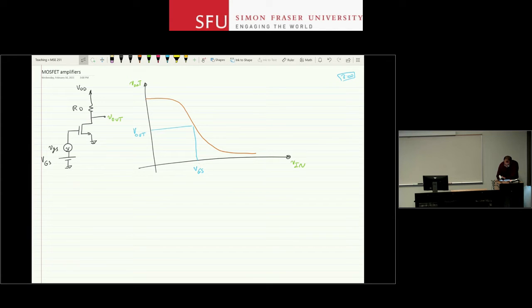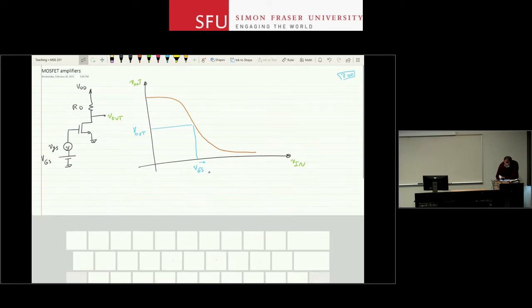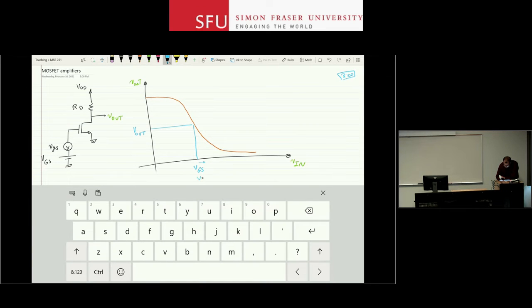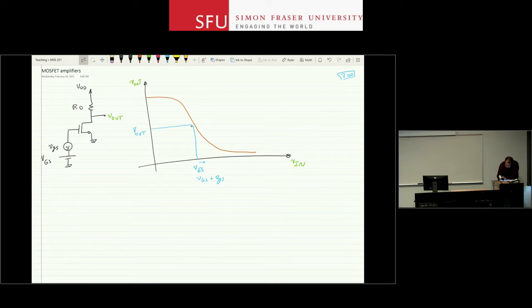Now, if VGS goes up a little bit, so it's changing by, let's say, VGS plus small vgs, which represents the changes, your V out, in this case, you can see is going to go down to V out plus small v out, but you can see right away from this diagram that v out will have a negative value.